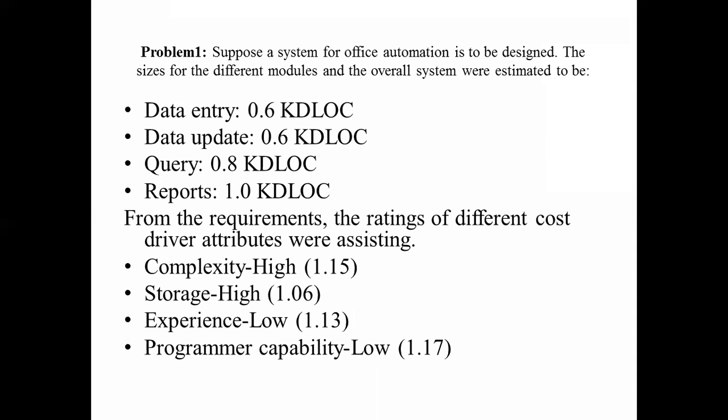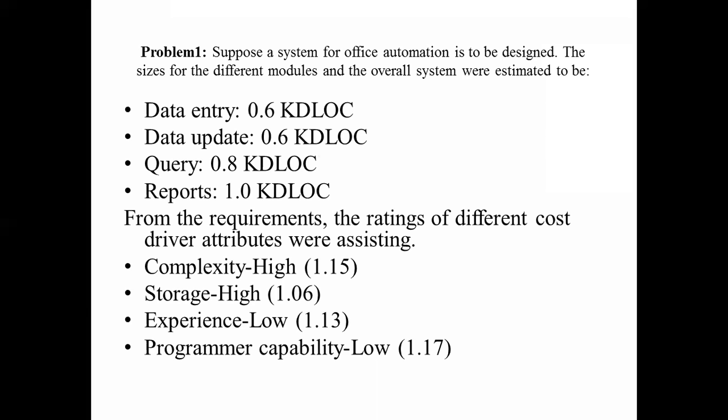So here 4 multiplying factors are available. MF1 complexity is equal to 1.15, MF2 1.06, MF3 1.13, and MF4 1.17, and the rest of the multiplying factors are equal to 1. Okay, as it is already given in the numerical, then you can put the value equal to 1 for the rest of the multiplying factors.